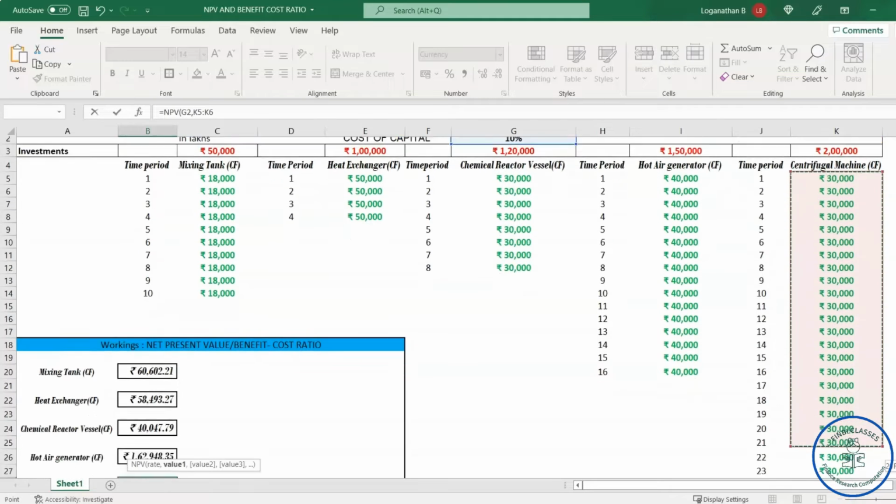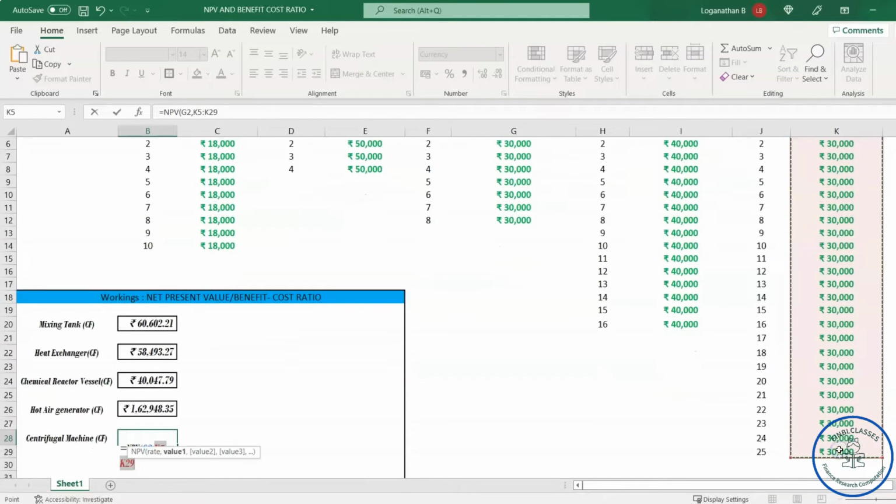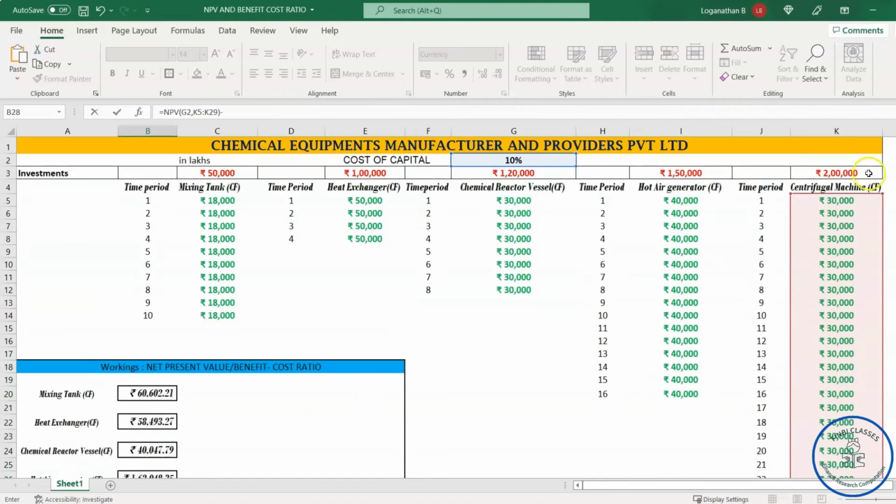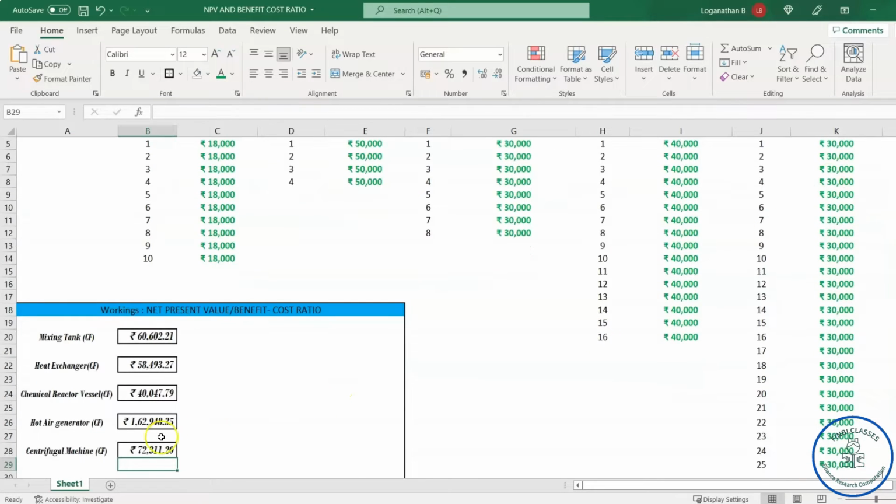So I'll be selecting this one. Then close the bracket, minus, then the investment that has been made for this machine is 2 lakh. Then enter. So we'll see whether it comes negative or, so we're getting the positive NPV. 72,311 is the positive NPV for centrifugal machine.